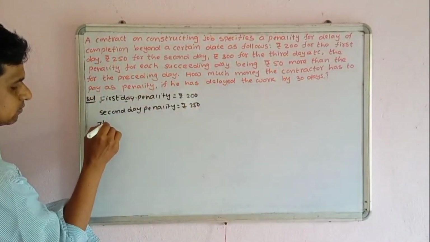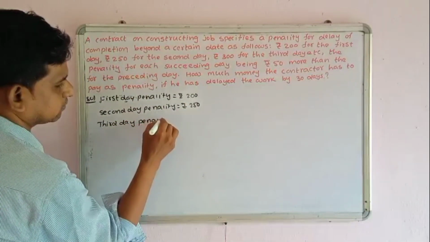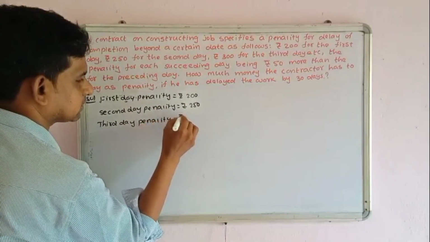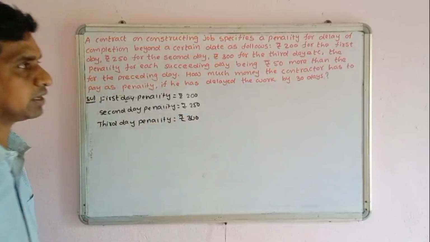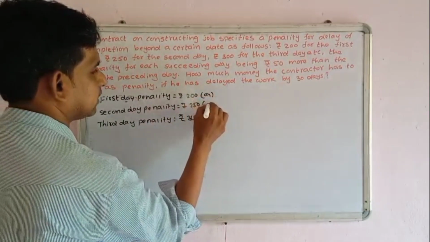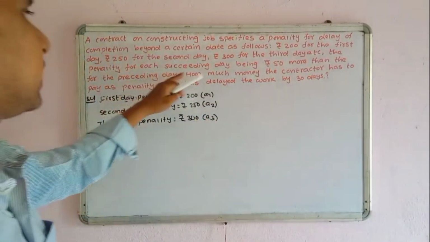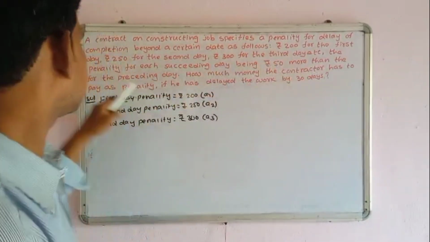Third day penalty equals rupees 300. So this is A1 first day, A2 second day, A3 third day. For each succeeding day being 50 more than the preceding day.